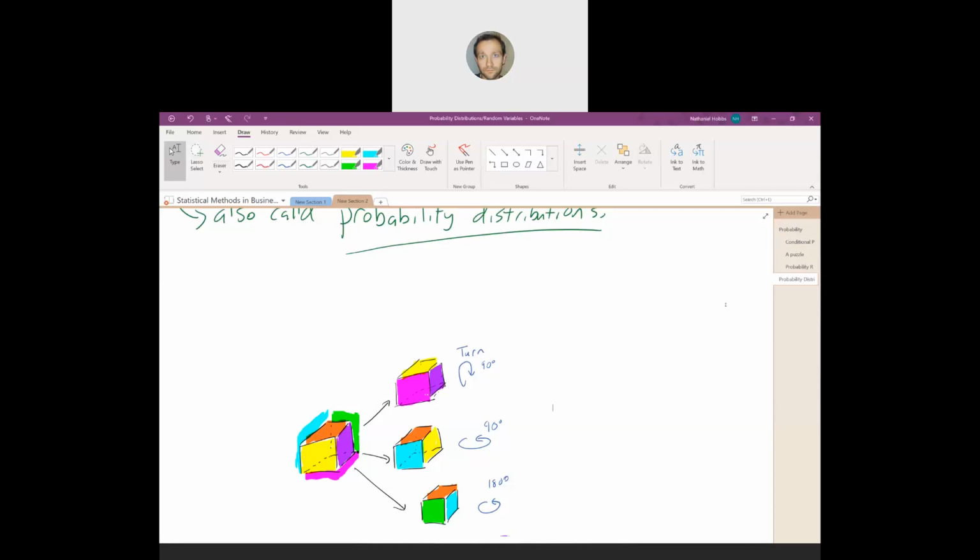Well, like you were saying, orange would be one, and then purple, pink, yellow, blue, green. And the probability of orange would be equal to the probability of blue, would be equal to the probability of pink and yellow and all of them, which would be 1/6.